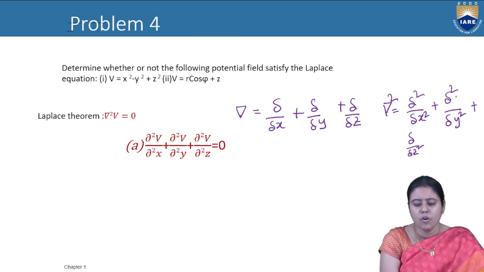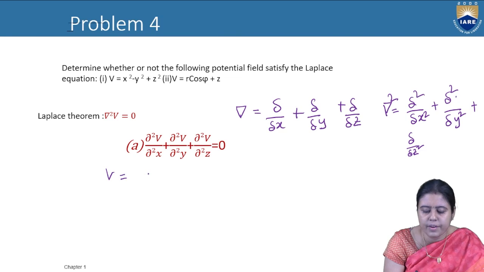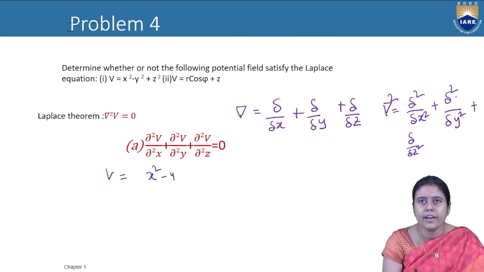So let's check what V is given as. V is given as x square minus y square plus z square.